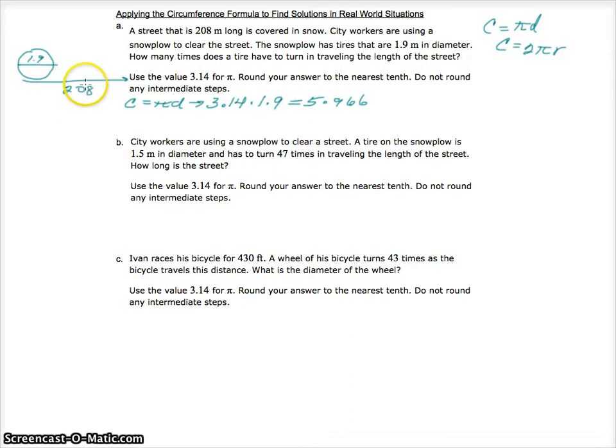Now, I know the distance. So to get the distance, I need to multiply my circumference times the number of rotations. Since I'm trying to find rotations, this means I'm going to divide both sides by 5.966.